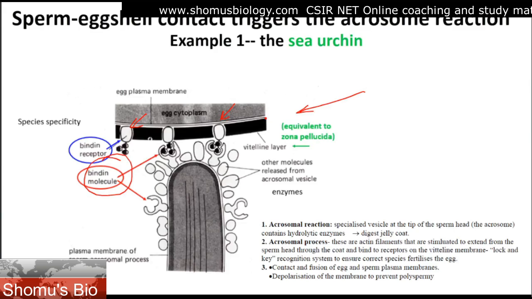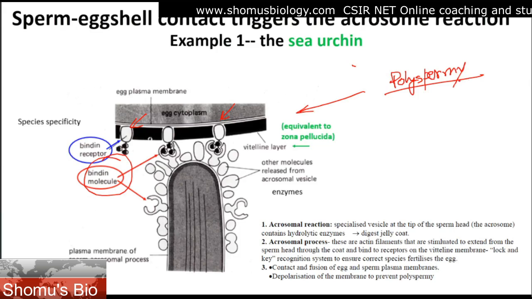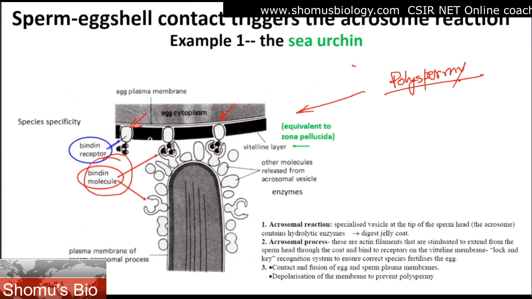Afterwards they should initiate a process known as polyspermy prevention. Polyspermy prevention means one egg must be fertilized by one sperm, not more than one sperm. It's not allowed. Once one sperm properly delivers its nucleus, that's done. That particular organism will not allow any other sperm to interact.